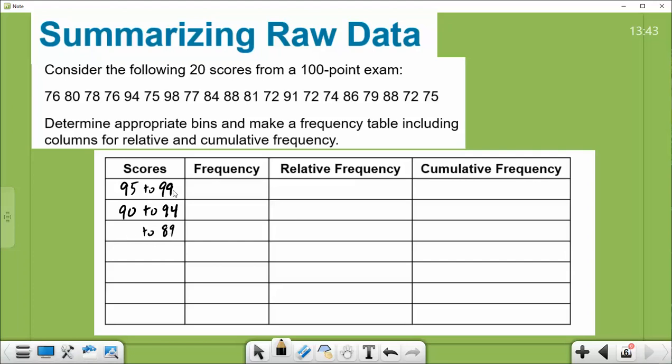And look, we don't want any ambiguity, so I didn't put 90 to 95. Does 95 go in which column? You want to make sure the bins are distinct. There are no decimal points. And then our total.